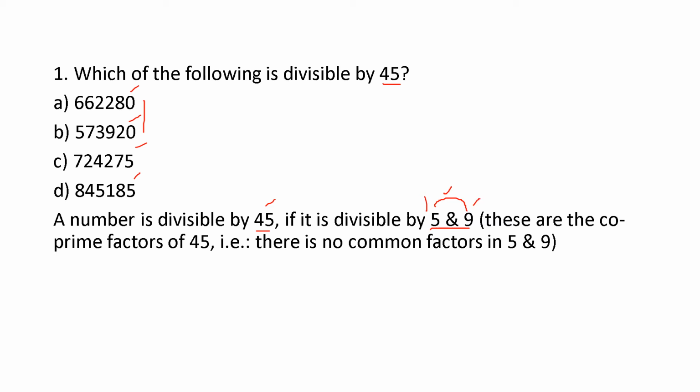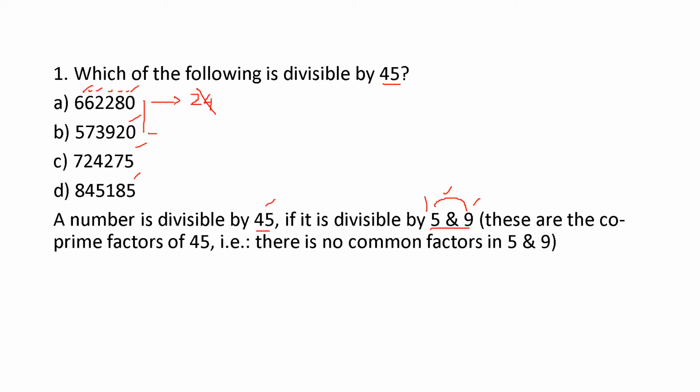For that, we have to find the sum of the digits of the numbers. That is 6 plus 2 plus 2 plus 8 plus 0, and you will get 24. And 24 is not divisible by 9. So, this is not the answer.